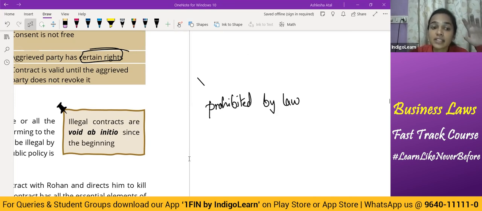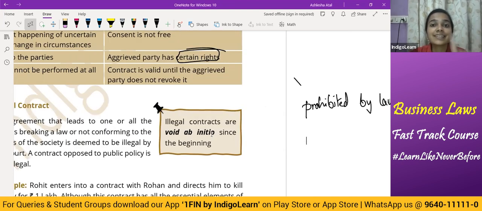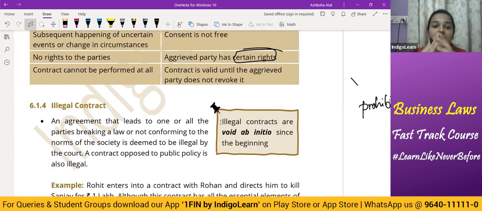So contracts or agreements which are prohibited by law are called illegal agreements, which cannot be performed at all. Law itself states that if you do this thing, it is against law, it is illegal. So something which breaks law, something which is against law, which is against public policy, those types of contracts are illegal contracts, and illegal contracts are always void ab initio, that is void from the very beginning.